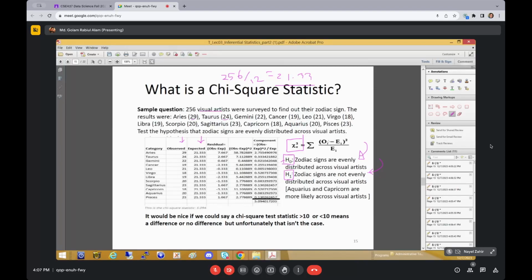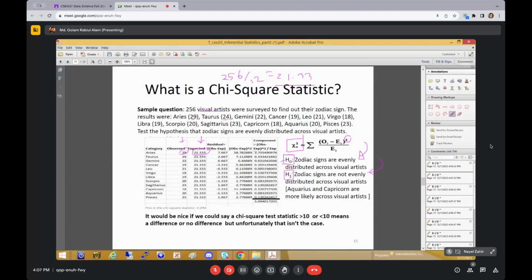The chi-square statistic is observed minus expected, then squared. You can see the observed value for Aries is 29, and the expected value is 21.333. So the difference is 7.667, and then we square that value.